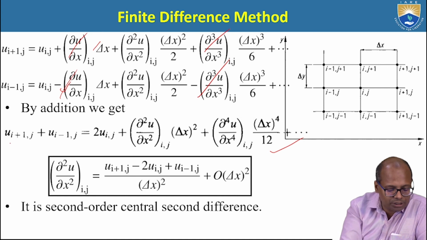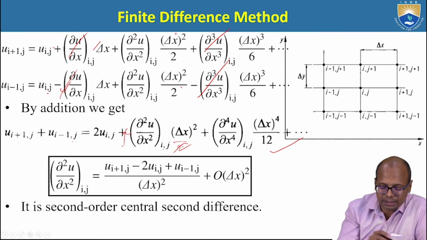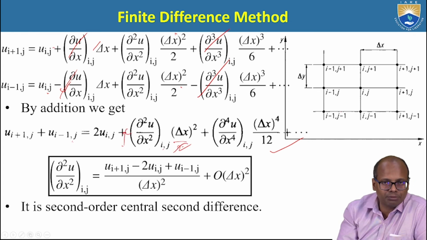So what is this equation? u i plus 1 j plus u i minus 1 j is equal to 2 u i j plus 2 dou square u by dou x square, delta x square divided by 2 will be there. Here 2 will be there. These two will get cancelled, and like this I will get some equation.